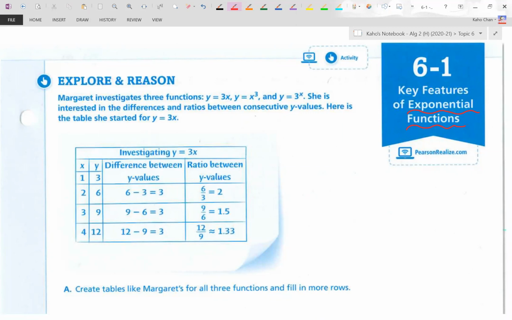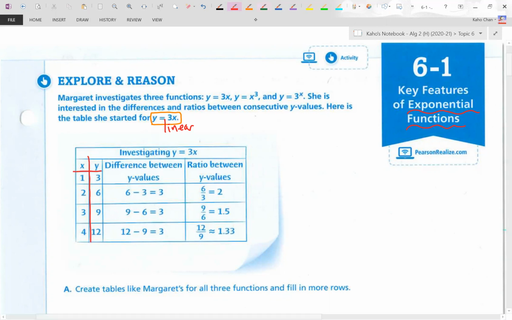Very good. So y equals 3x, we know, is a linear function from Algebra 1. It's a line. And if you look at this table here, she's already found the differences between each value in the domain. Pretend this is a table of values that you might have seen in Algebra 1.